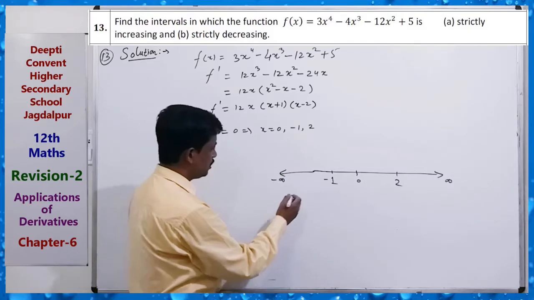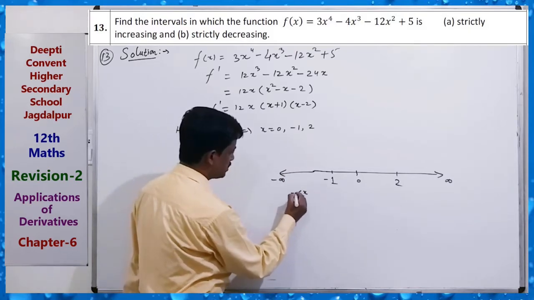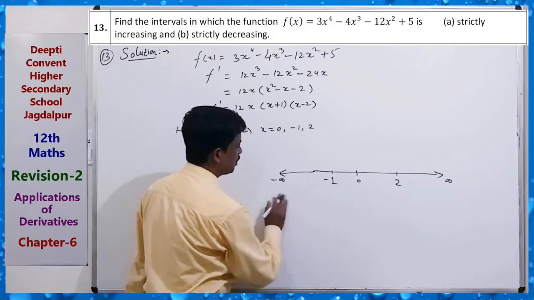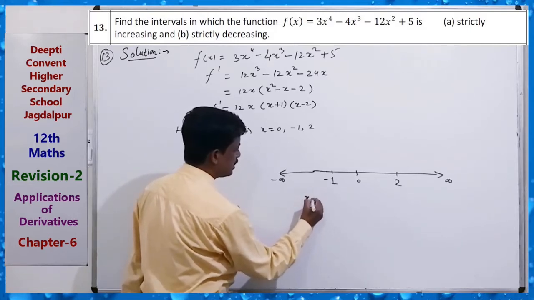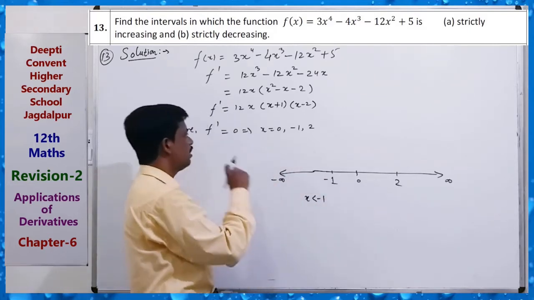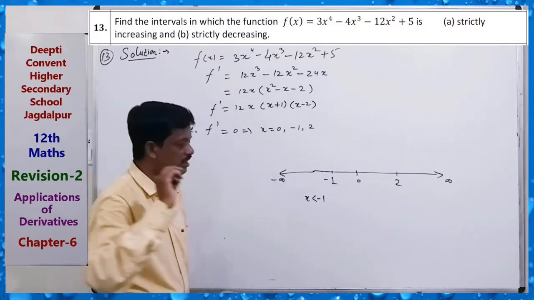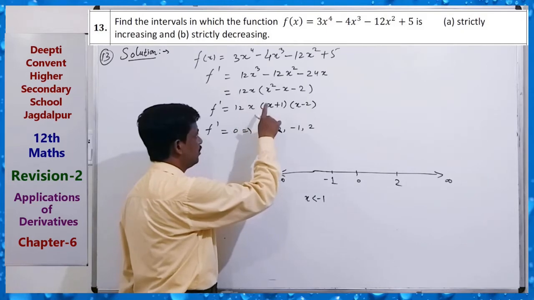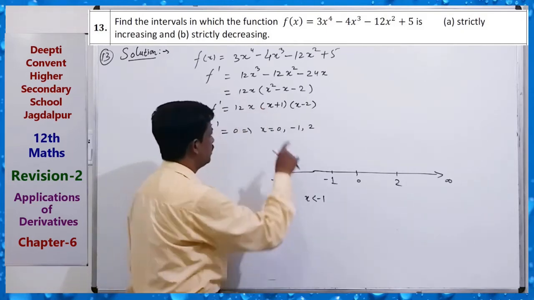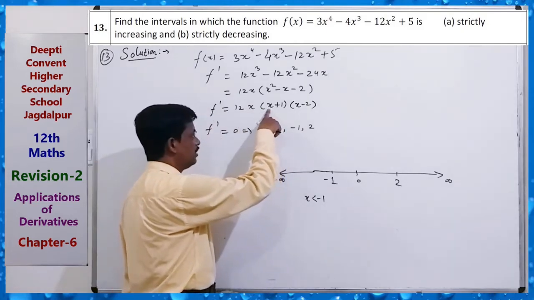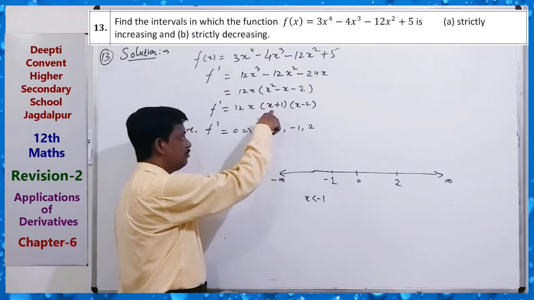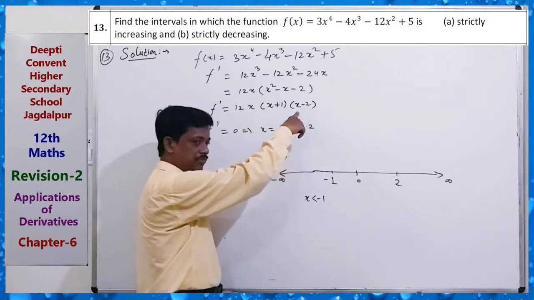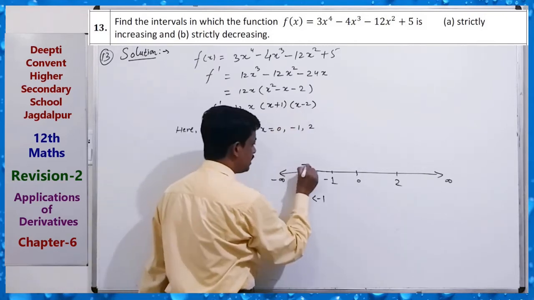For x less than minus 1, that is a negative value. This will give negative, negative, negative, positive, so the sign will be negative.